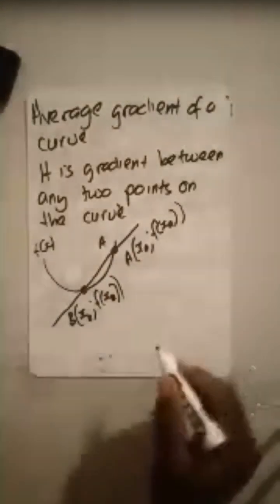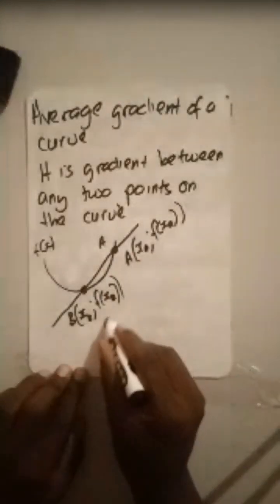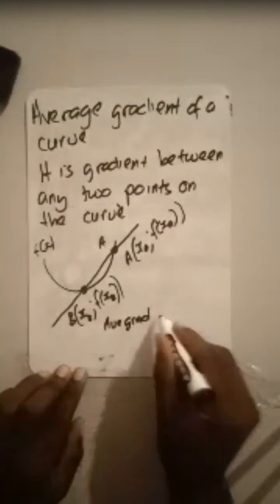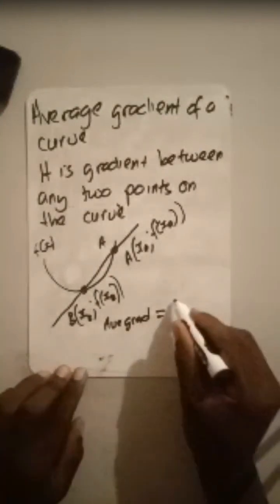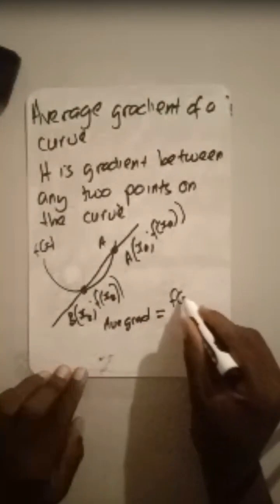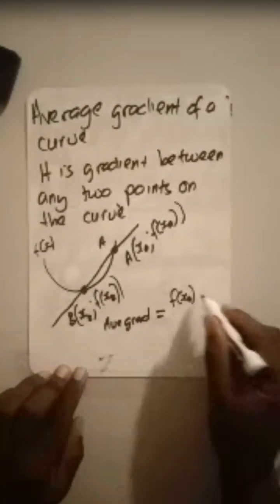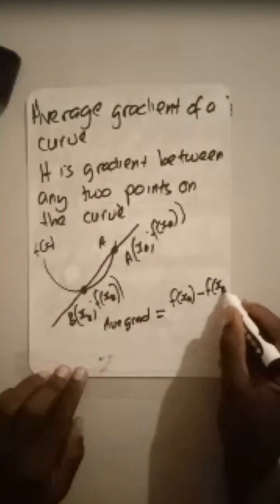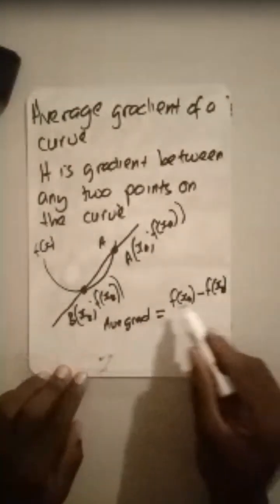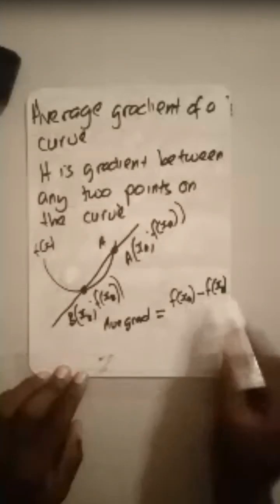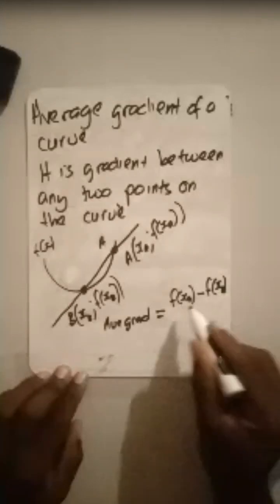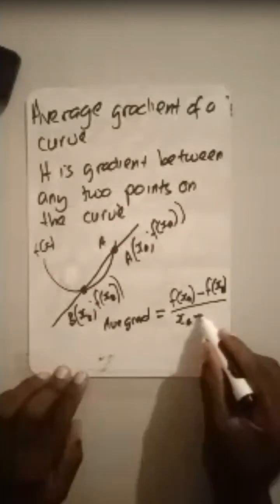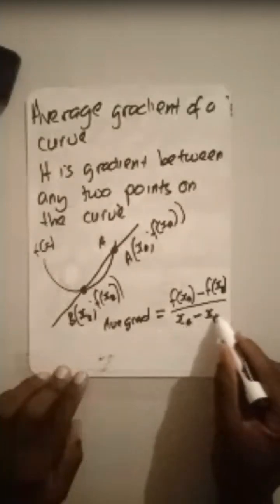So the average gradient is equal to (f(xA) minus f(xB)) over (xA minus xB).